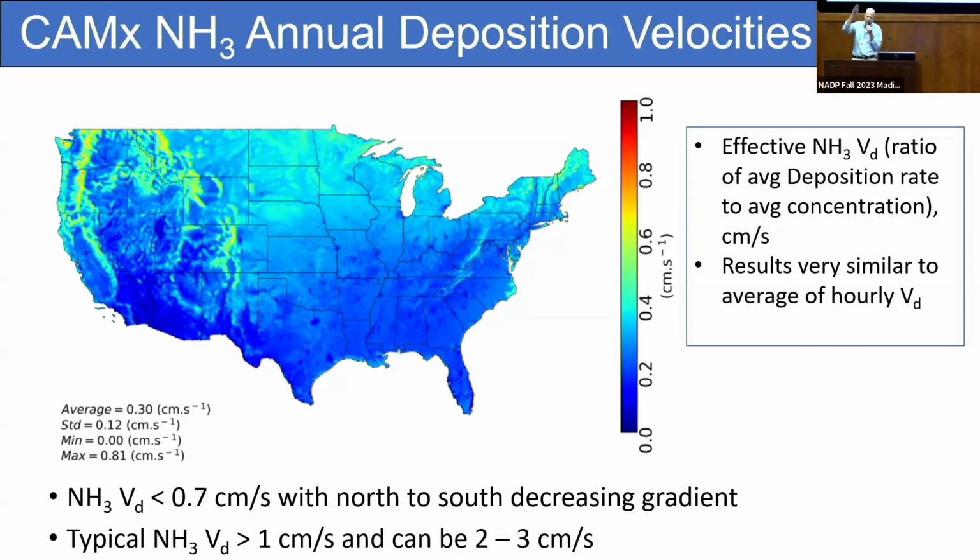I know we got this bidirectional thing, but if you average that up, the effective velocities tend to be greater than 1, and often on the order of 2 or 3. Places like the desert with its alkaline soils, that might not be true. But it's suggesting that we have a real problem in the CAMX model.